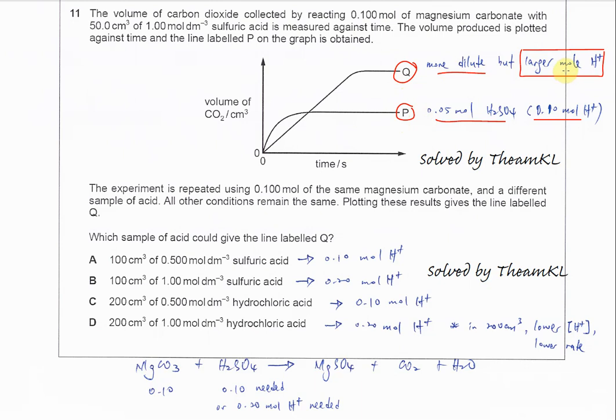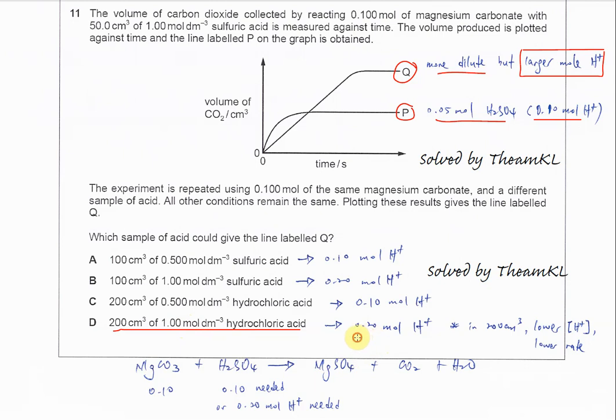Okay, if you understand what I say, then the answer now can just be D. Because if you calculate using the volume and the concentration, you get the mole of H plus.